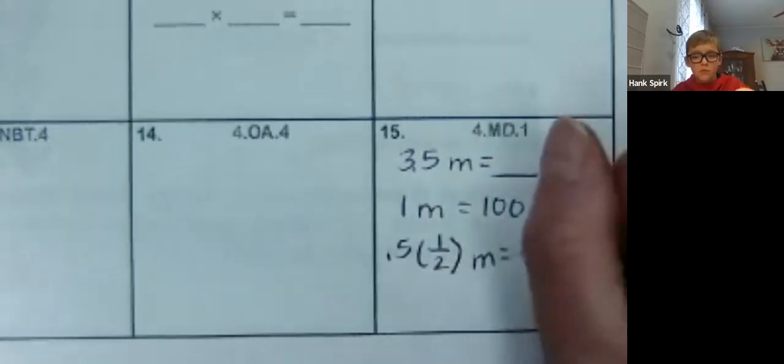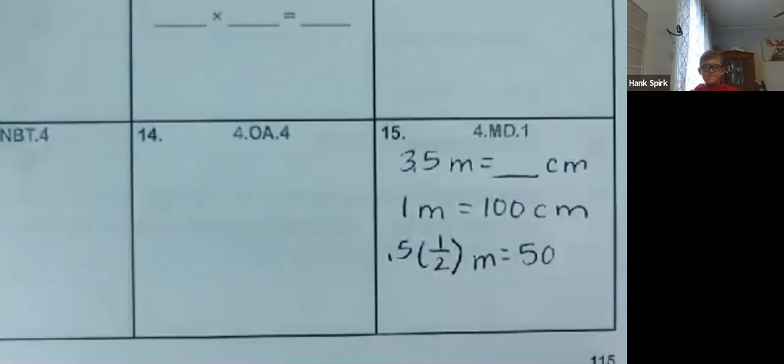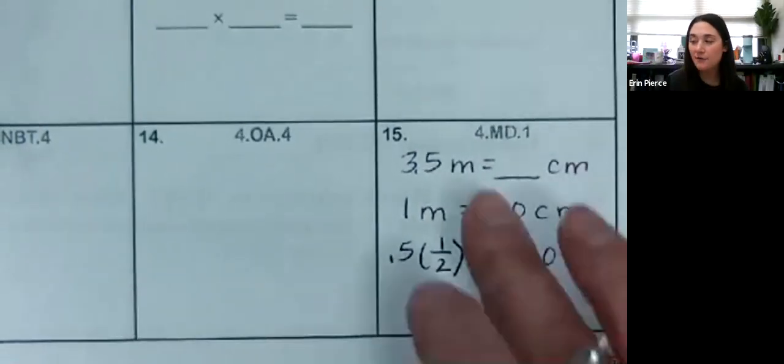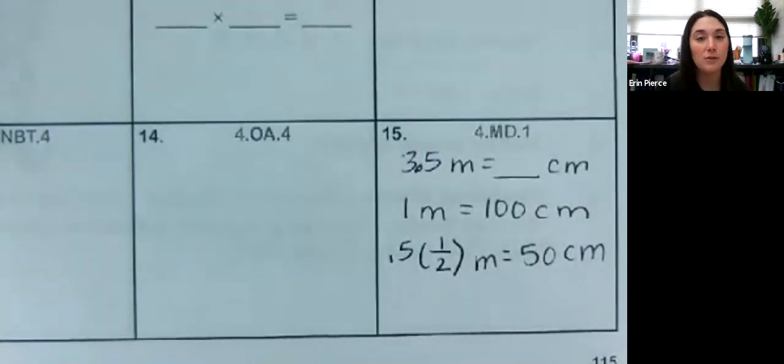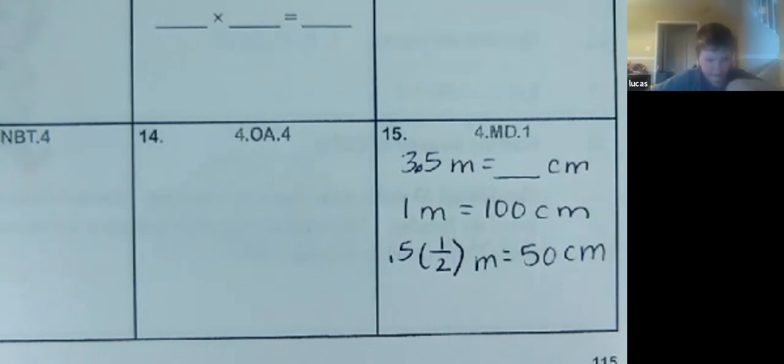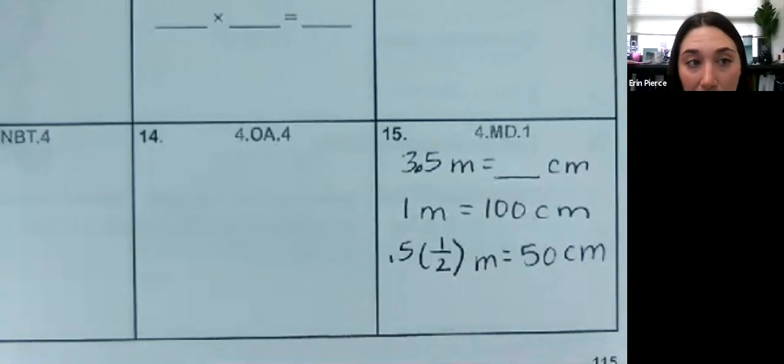50 centimeters. Knowing that information, what is 3.5 meters equal to in centimeters? What do you think, Lucas? Can you say that again? 350 centimeters.